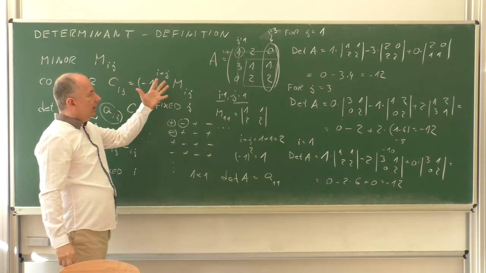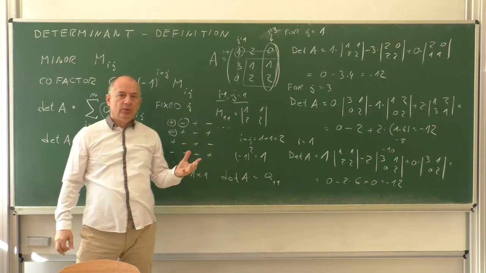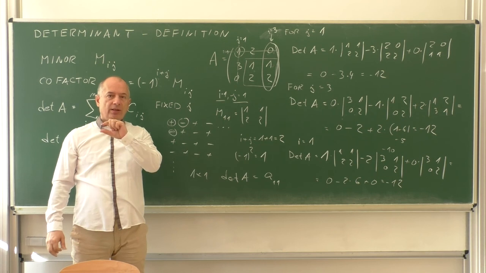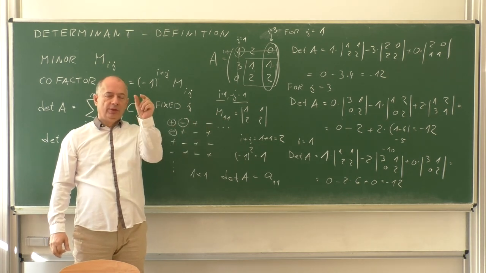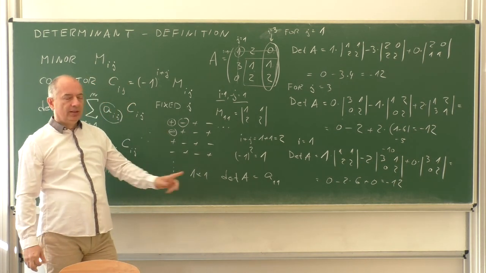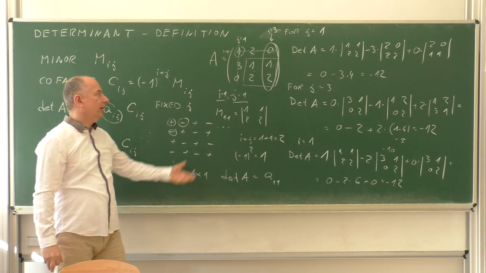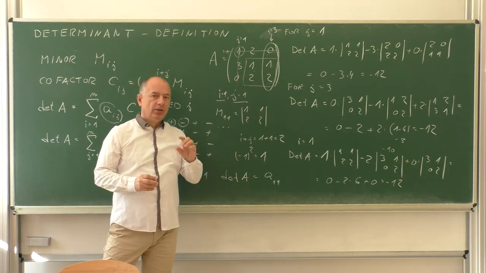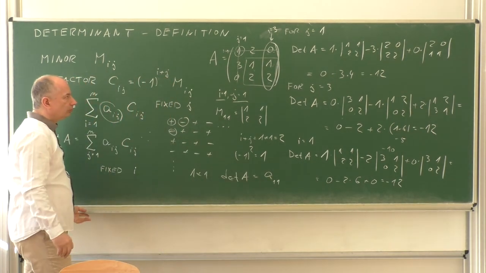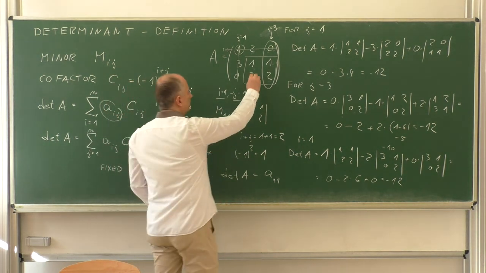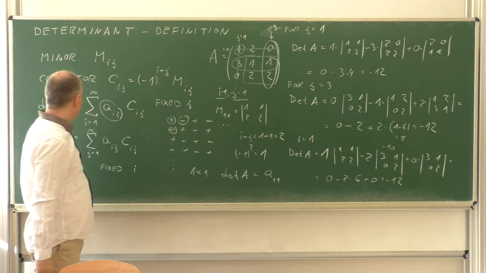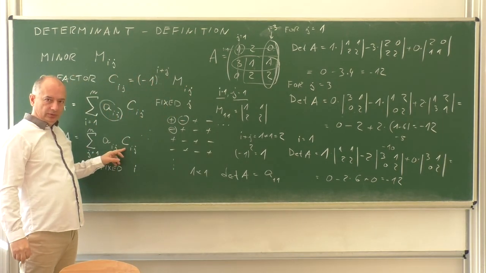So once again, we can define and we can compute the determinant of a square matrix by expanding along a chosen row or by expanding along a chosen column. Any row will do, any column will do. While in practical computation, we often choose such a column or such a row where there are many zeros. That's convenient. And then for the chosen row, we consider each entry and we multiply each entry by the cofactor.